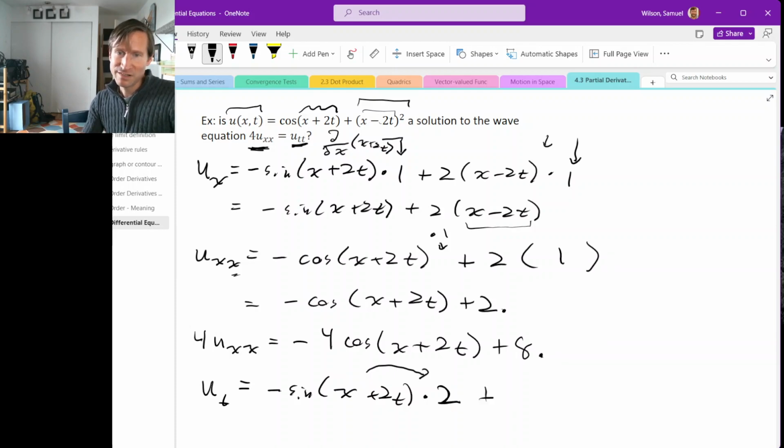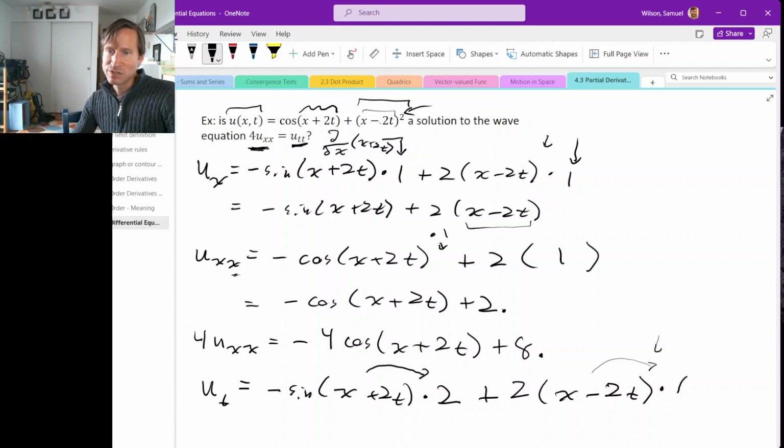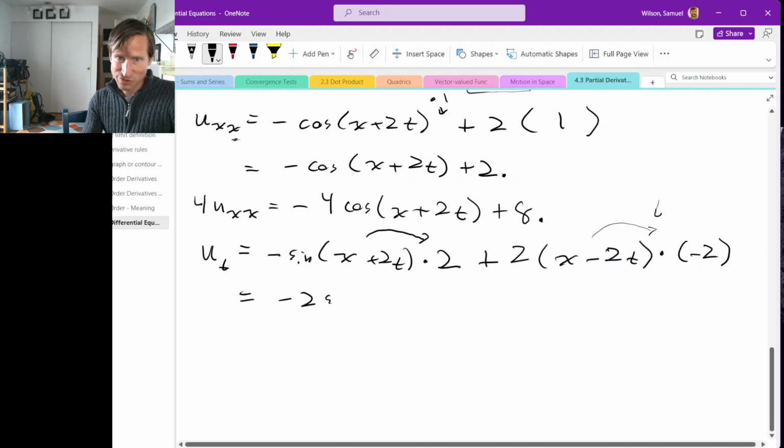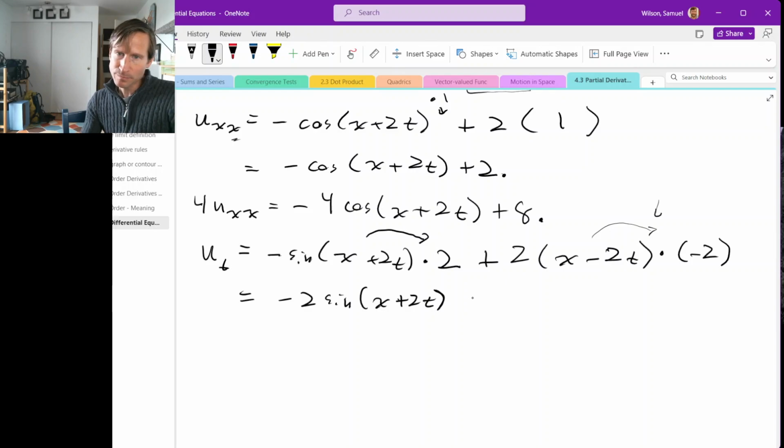Plus, the derivative of this polynomial part, 2 times x minus 2t, times the derivative of x minus 2t with respect to t, which is minus 2. Altogether we have minus 2 sine of x plus 2t, minus 4 times x minus 2t.